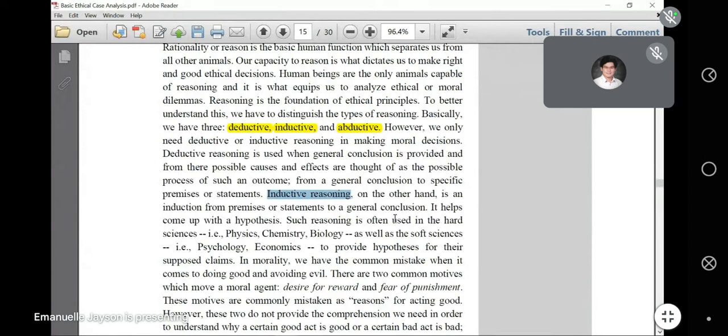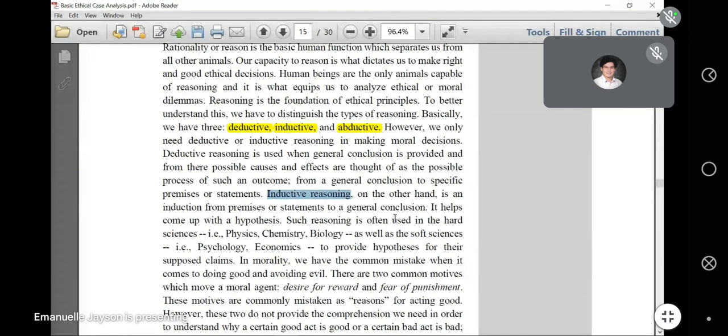But anyway, kidding aside, so gano'n yung inductive reasoning 'no, when the opportunity presents itself, what are your possible options? So mag-inductive reasoning ka na, gagawa ka na ng sarili mong premises or statements, or rather when it comes to ethical case, you would foresee what possible outcomes could there be.